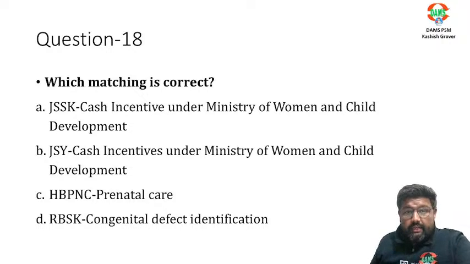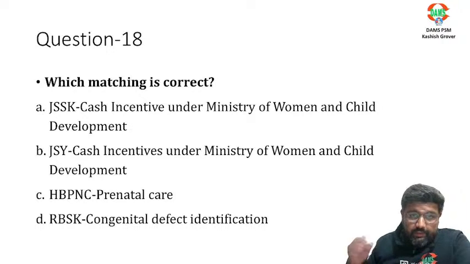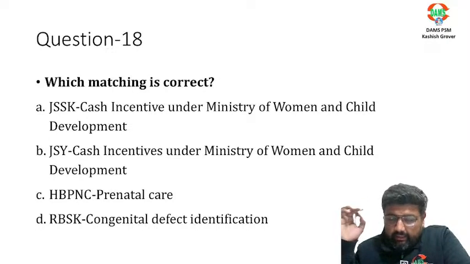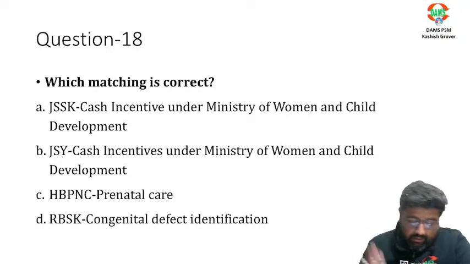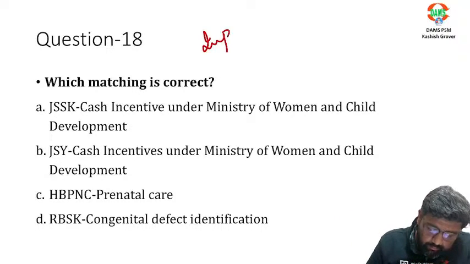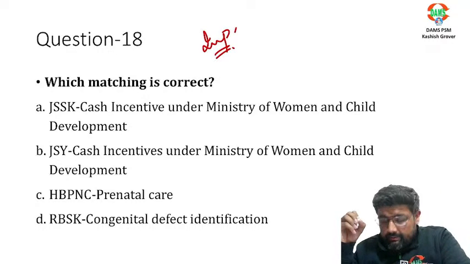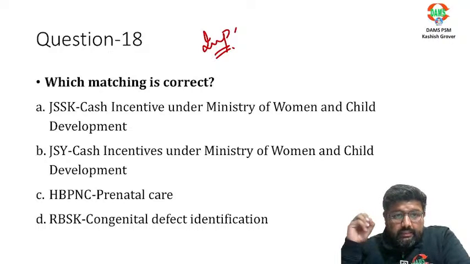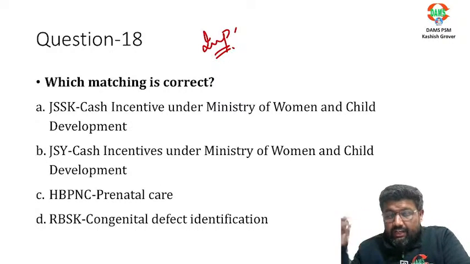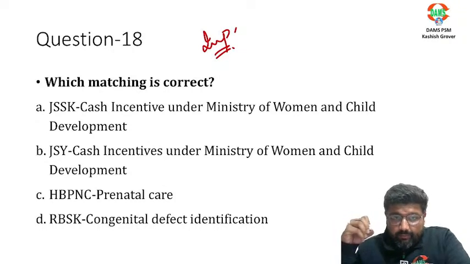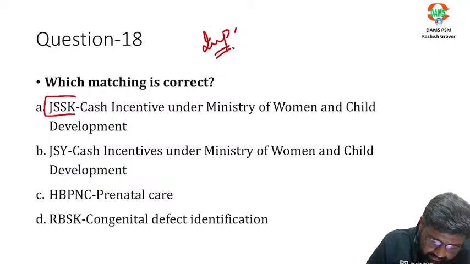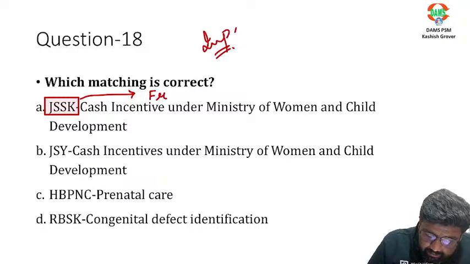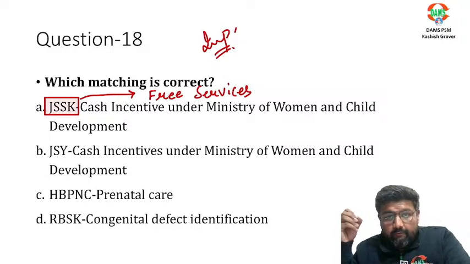Now, coming to JSSK, which matching is correct? You have to tell me the correct matching. Health programs are very important, right? JSSK, cash initiative under Ministry of Women and Child Development? No, in JSSK we do not give any cash. What we give is free services like free delivery, free diet.